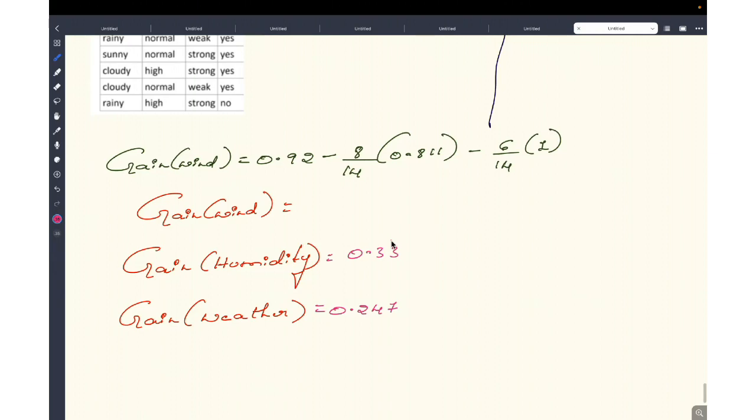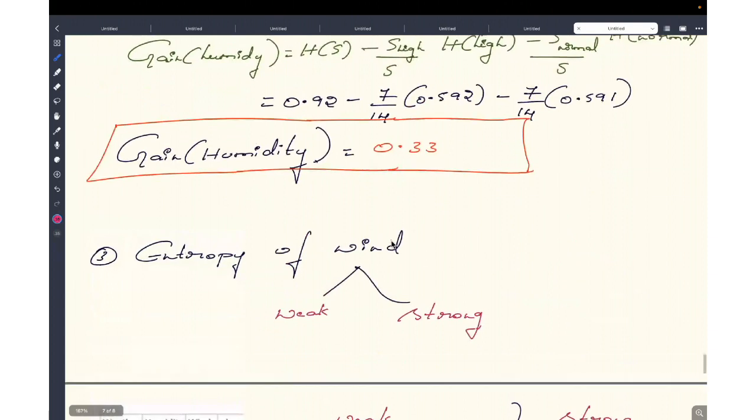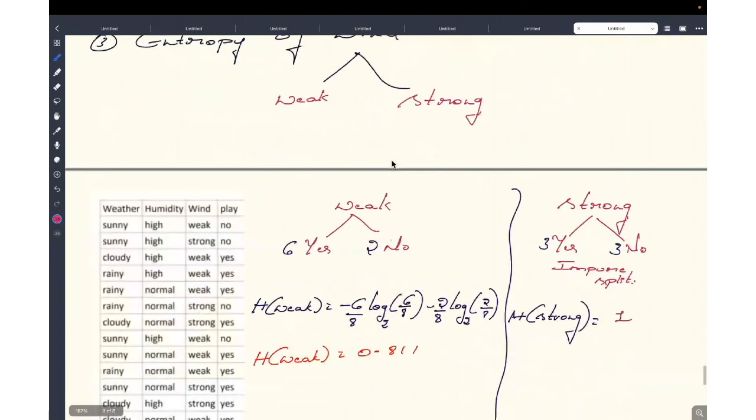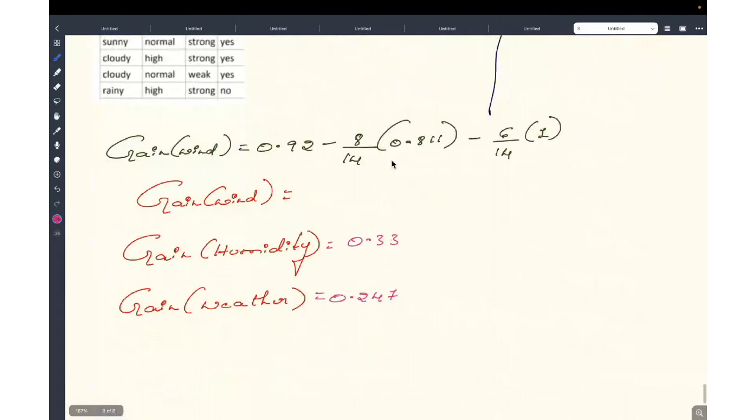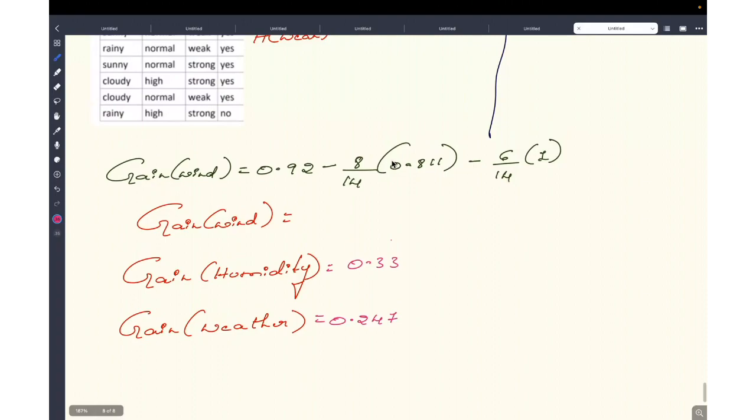Actually, it should be less. I don't know how you got 0.33. I doubt this 0.33. Weather should be high. I doubt whatever calculation you did. Let me calculate for wind. 0.92 minus.